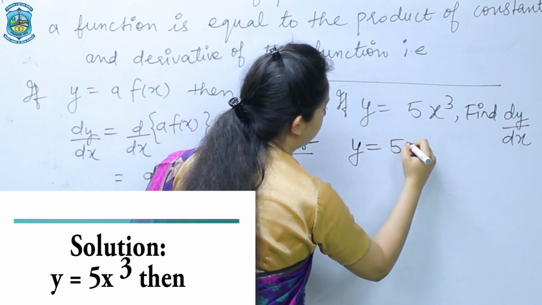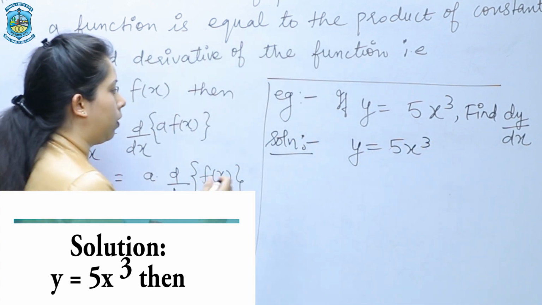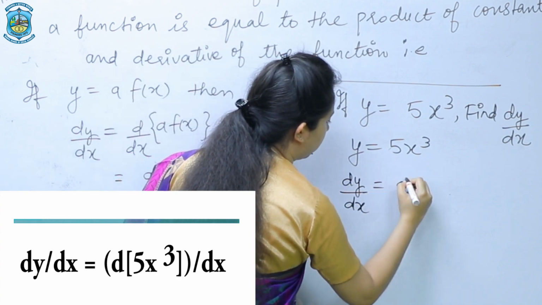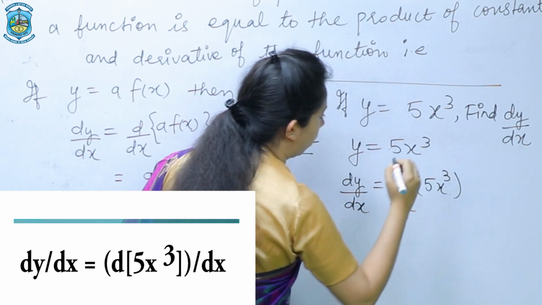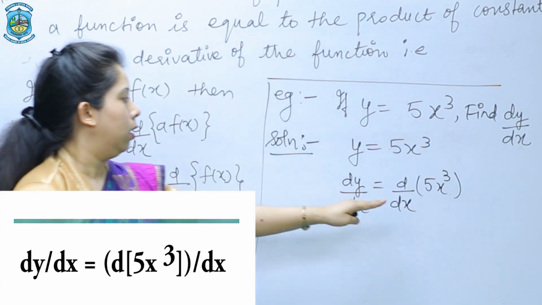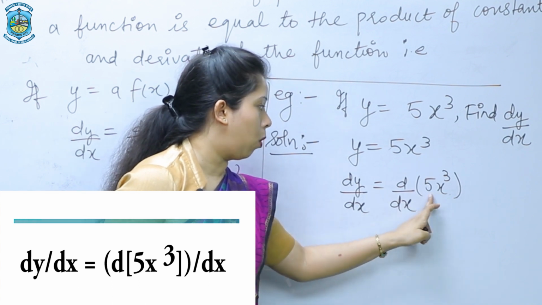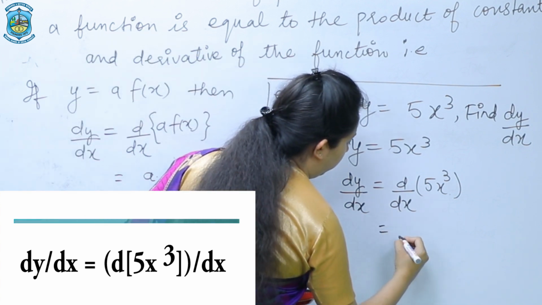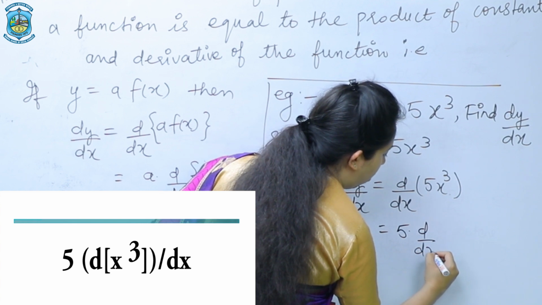So, that will be dy by dx is equal to d by dx of 5x cube. Now, here the function is the product of a constant and a function. So, that will be equal to the product of the constant and the derivative of the function.